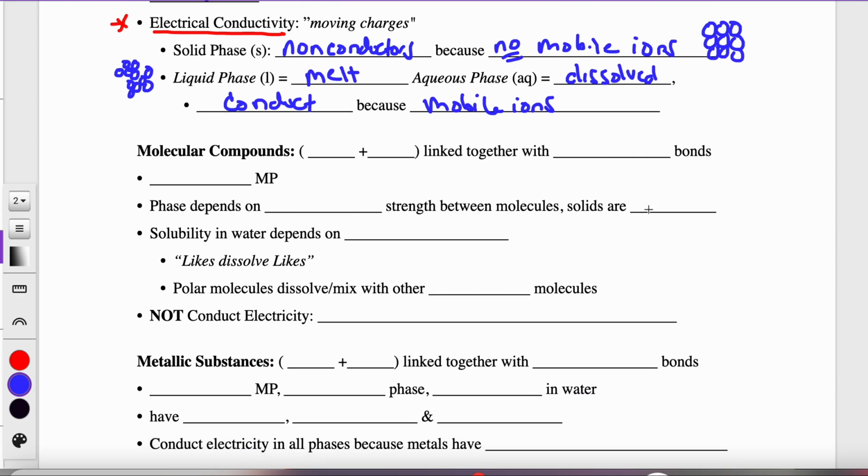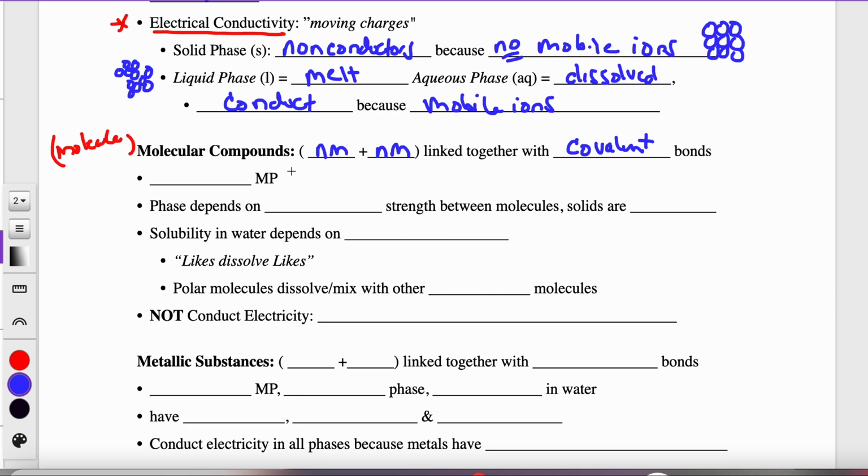Molecular compounds. When we're looking at a singular unit, it would be a molecule. So molecular and molecule refer to the same thing. We have learned to recognize those because everything present is a nonmetal, and they are linked together with covalent bonds.